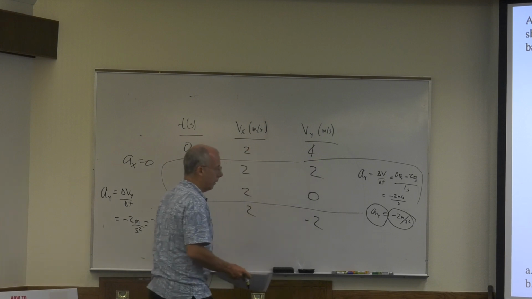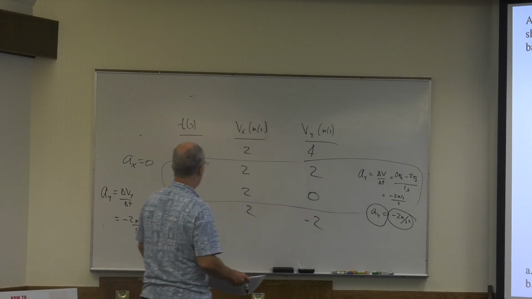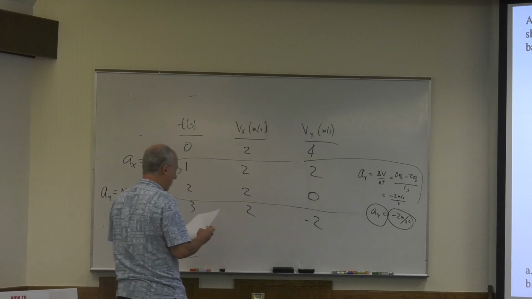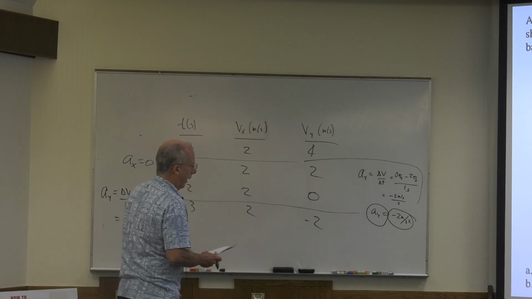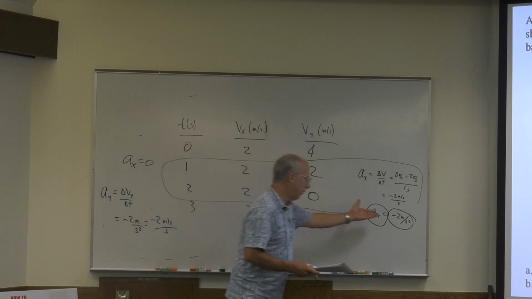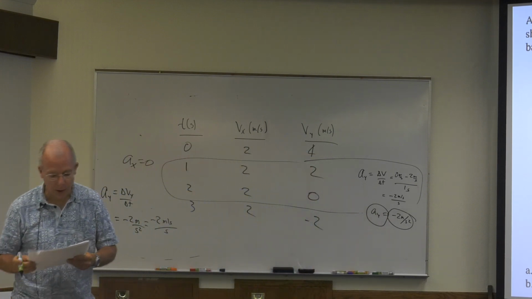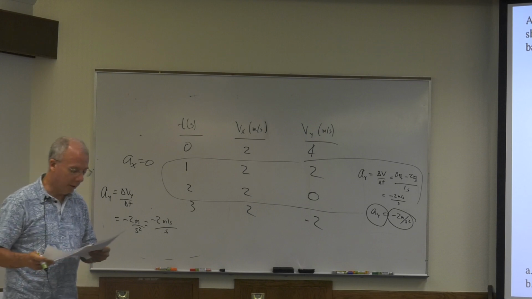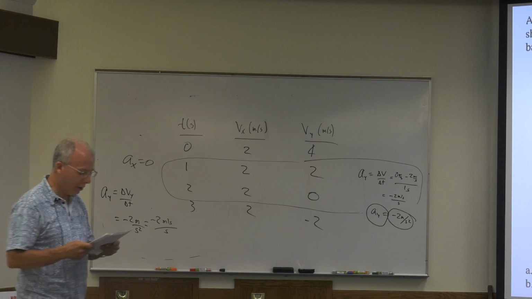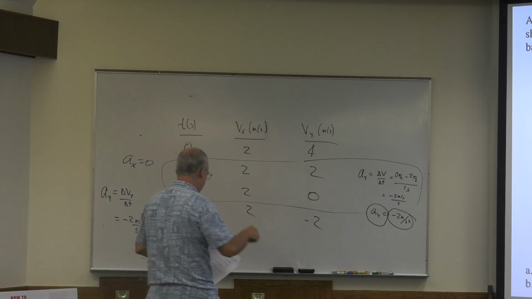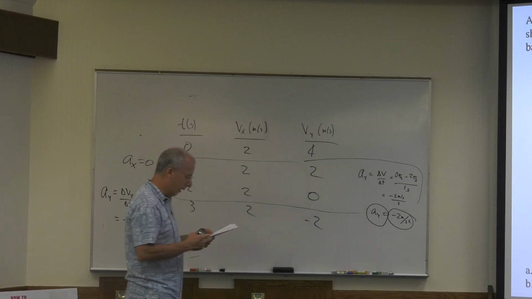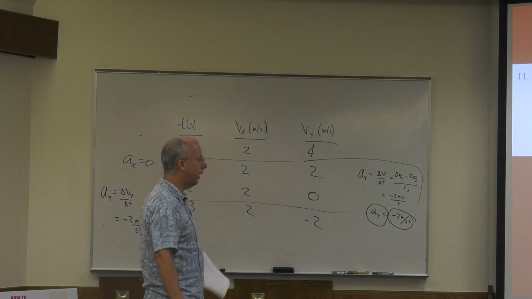So we got all the velocities. And what's g? g is negative 2 meters per second squared. So that's a crucial problem to understand. Make sure you look at that carefully and make sure you understand it, okay?